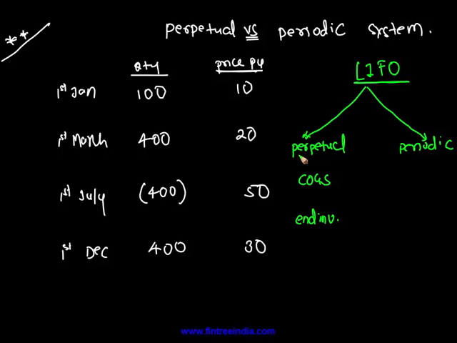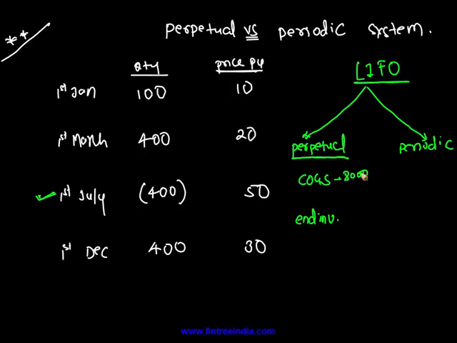In the perpetual system, since your accountant is so active, he would want to book the entries right on the date of the sale, which is 1st of July. So he will say we have sold 400, which were the last in first out goods, the ones that we purchased on 1st March. So therefore he will say COGS should be 8,000.